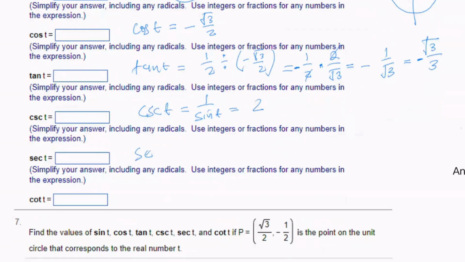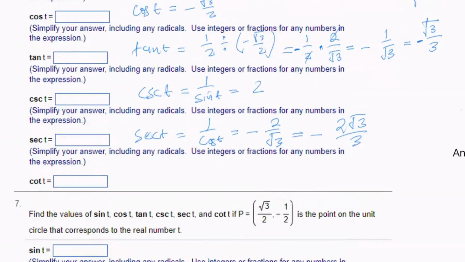Then secant t is 1 over cosine t. This is just negative 2 over root 3. When we write it in rationalized form, we have negative 2 root 3 over 3.